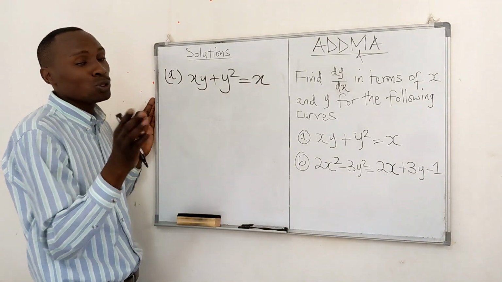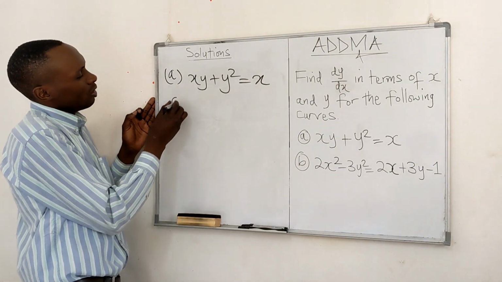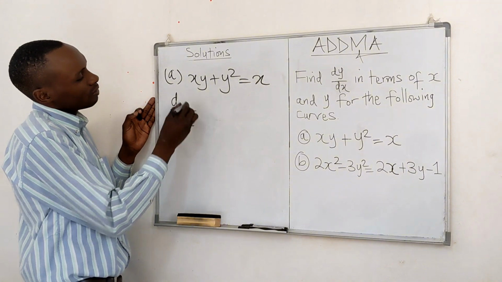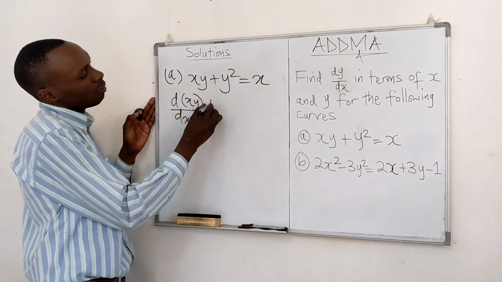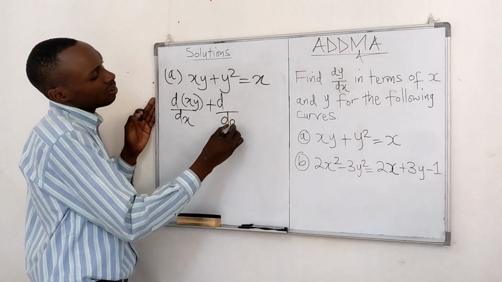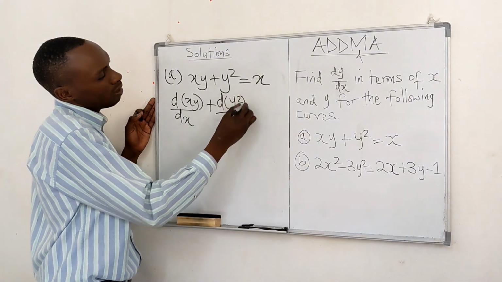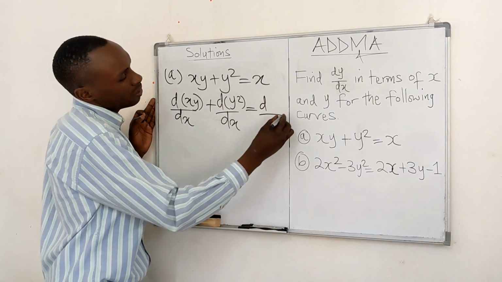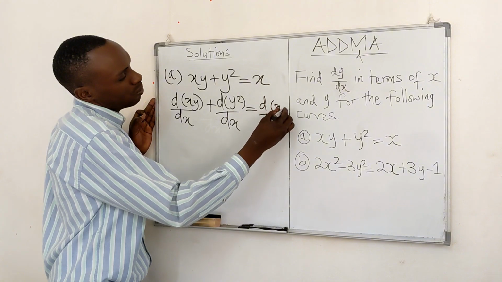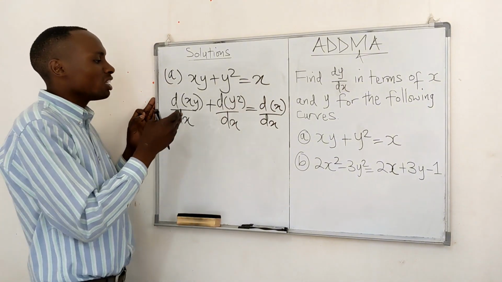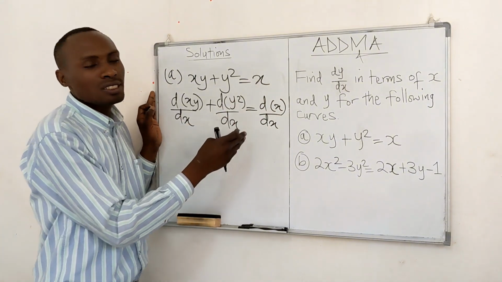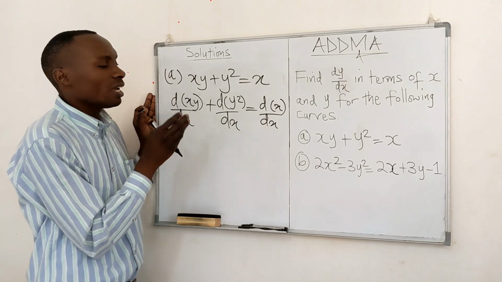So I'll show it like this: d/dx of xy plus d/dx of y squared equals d/dx of x. We want to find the derivative of each of these terms with respect to x.